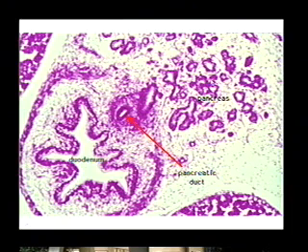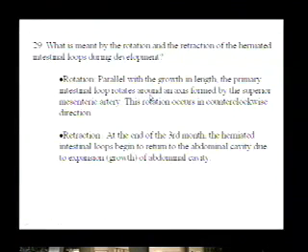Except this actually is a gland. It's obviously the pancreas, as the word there says. And this would be the pancreatic duct that is developing from that dorsal pancreatic bud that we'd seen earlier.